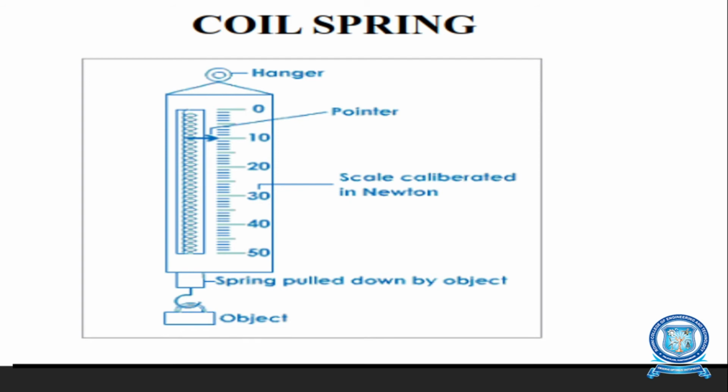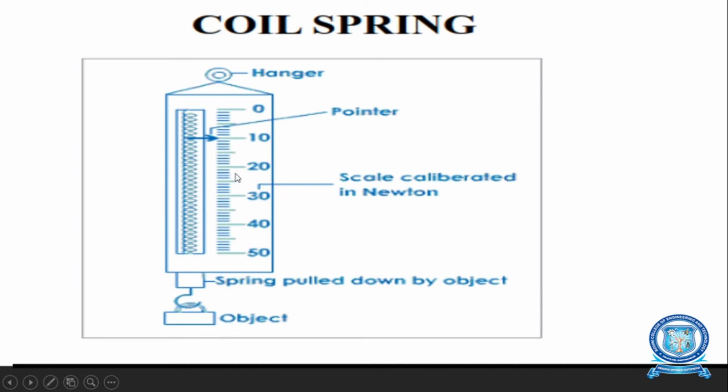Here, a spring balance is a device used for the direct measurement of force by using the deflection of a coil spring. It consists of a spring fixed at one end, and the load is applied at the other end. The displacement at the free end due to the applied force is shown by a pointer moving on a scale.